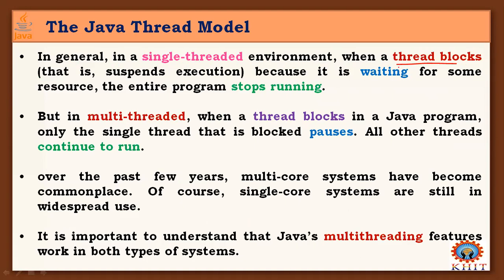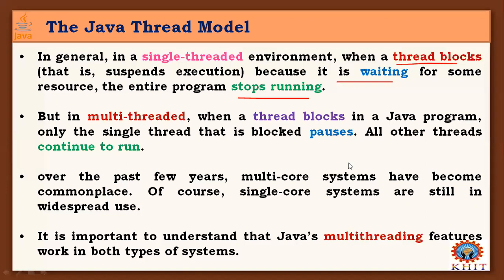When a thread blocks or waits on some resource, the entire program stops running. For example, when you are executing a program, it is first compiled and then loaded into memory, and from memory the CPU fetches that program or process for execution.